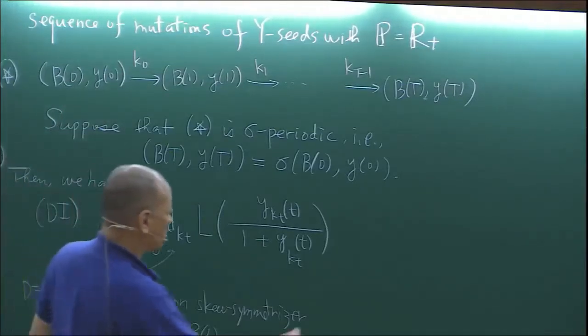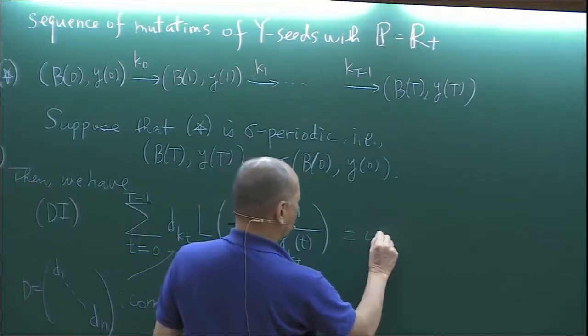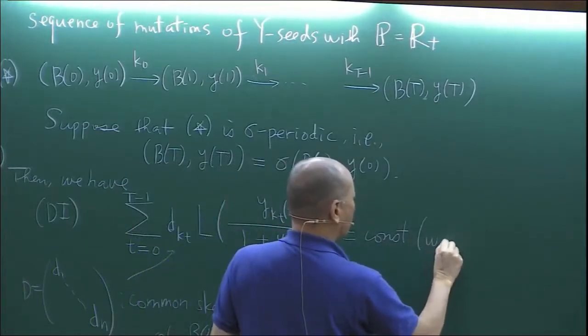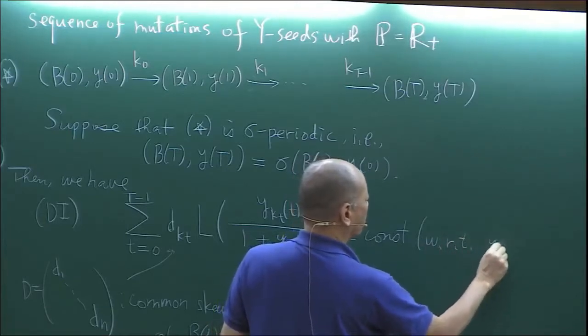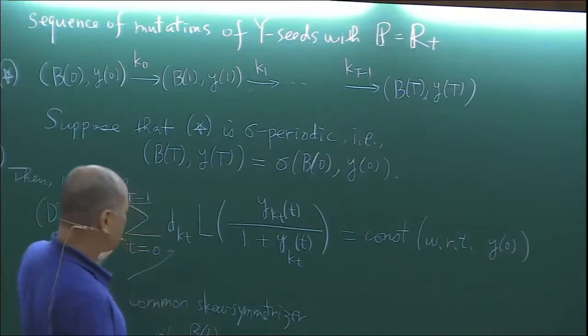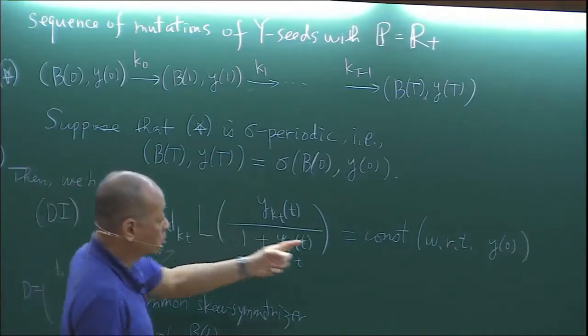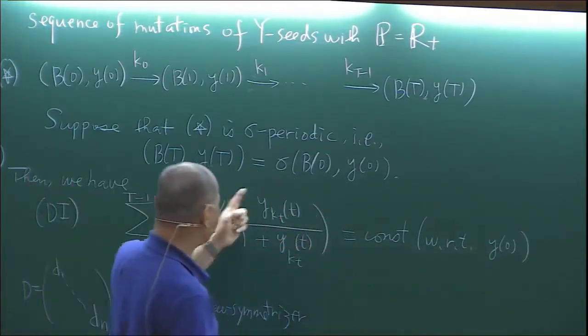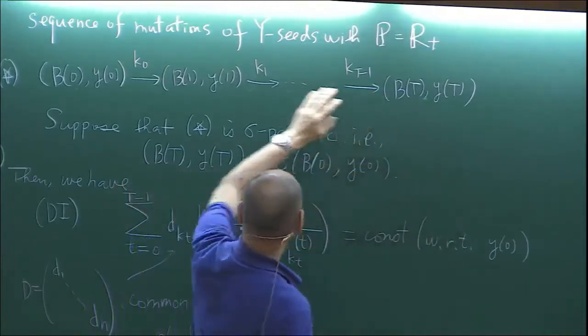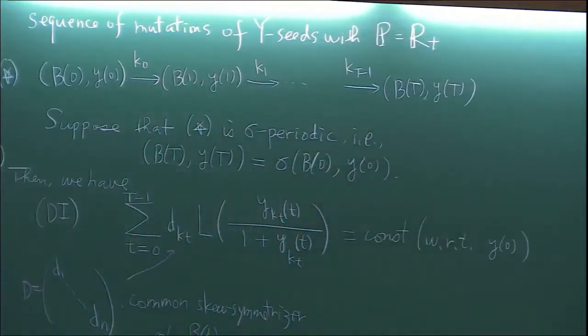But the claim is it is a constant with respect to the choice of your initial value. So in other words, it gives you a functional equation of these n variables if you rewrite everything as a rational function of your initial variables. Okay, so that was the dilogarithm identity.